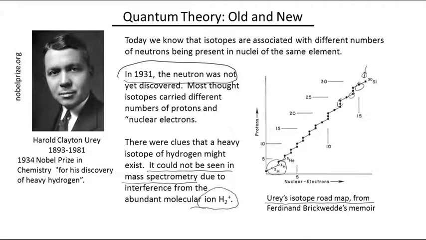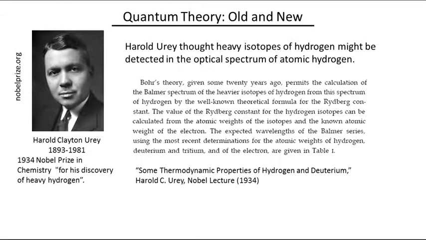In the case of hydrogen, there's a stable molecular ion, H2+, which has the mass of 2 units of proton mass that would be expected of the heavy isotope of hydrogen, and the same charge. So there's a lot of interference from the molecular signal, and there was no conclusive proof of the existence of heavy hydrogen.